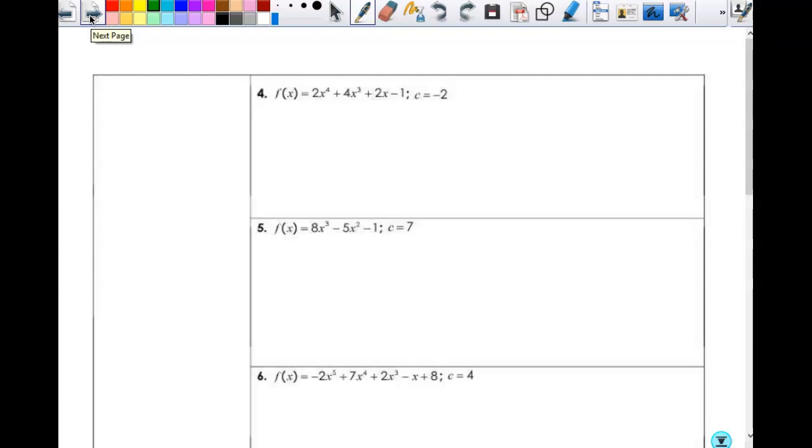All right, so let's do number 4 together, and we're not going to do all these. So C is -2, so -2 goes out here, right? And then 2, 4, then what? 0, and then 2, and then -1.